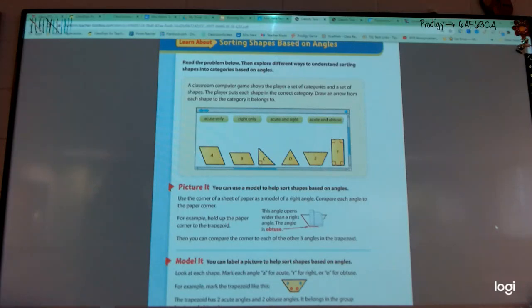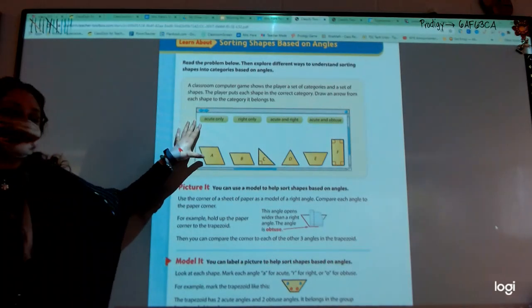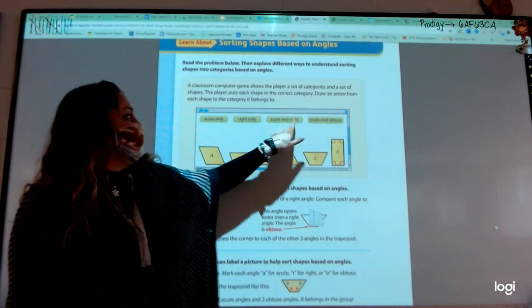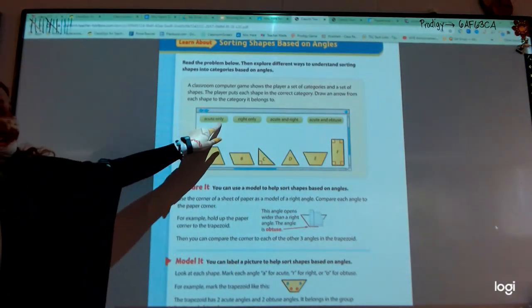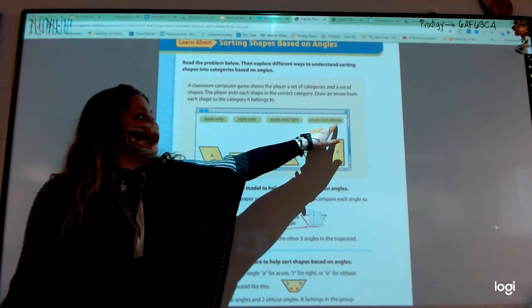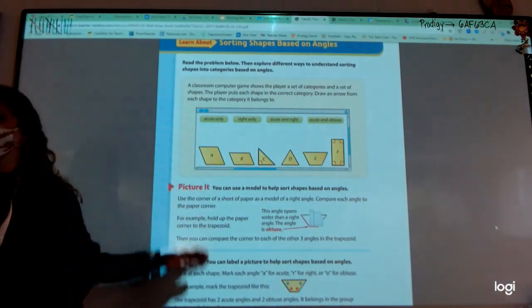Draw an arrow from each shape to the category it belongs. Okay, before we start, we need to sort these 6 shapes into these categories. It says acute only, acute and right, acute and obtuse. And now they're going to walk us through some steps.